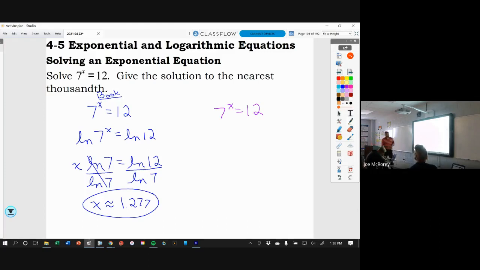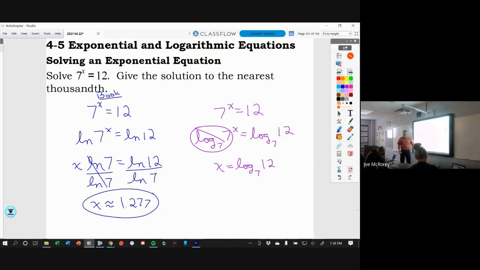Because this is base 7, I'm going to take the log base 7 of both sides. Because by definition, log base 7 of 7 is just 1. So essentially it cancels and that x comes out front. So because this is now gone, I get x equals log base 7 of 12.